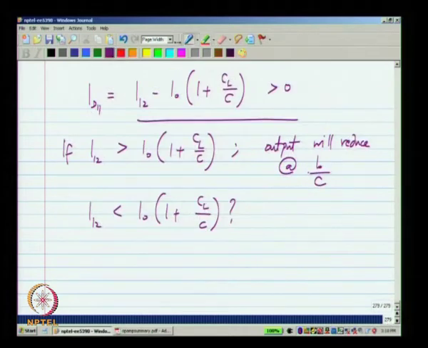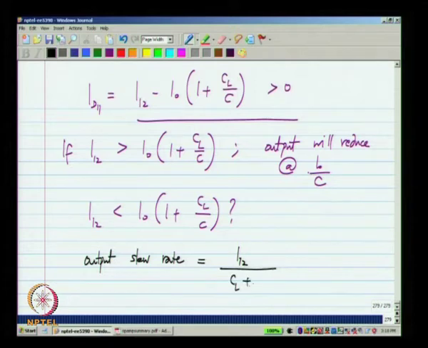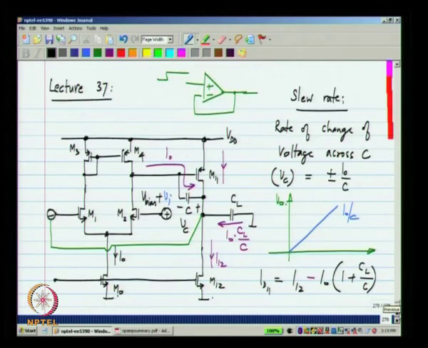So, in that case, the output slew rate will be I12 divided by CL plus C. This is because the total current in C and CL must be equal to I12 when M11 cuts off.